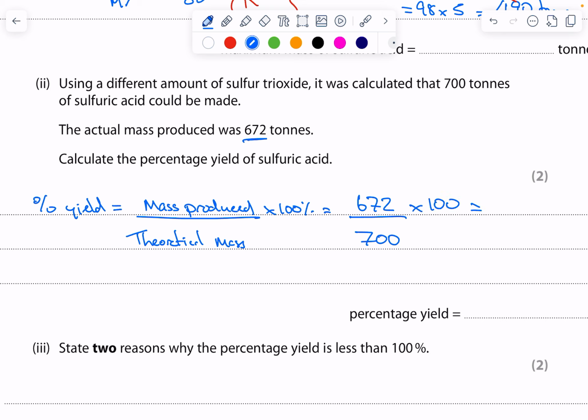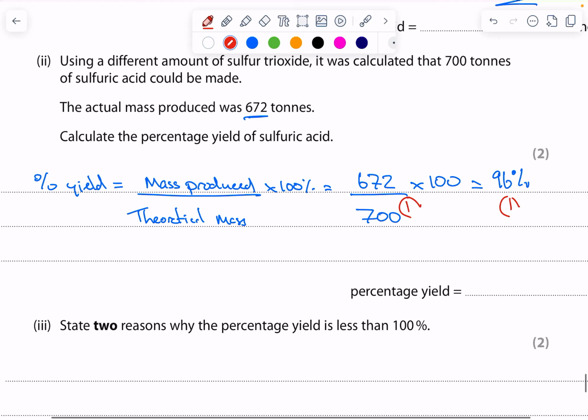And I'm going to multiply that by 100. So we've got 672 divided by 700, and then multiply the whole thing by 100, and that's going to be 96%. There's 2 marks in there. You're going to get 1 mark for putting these in the right place, and then 1 mark for finishing it off in that way.